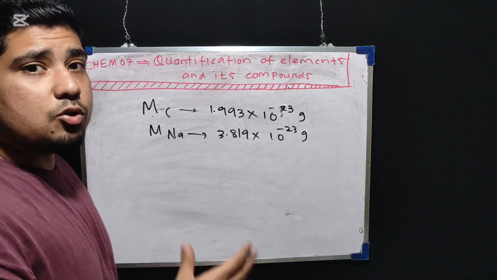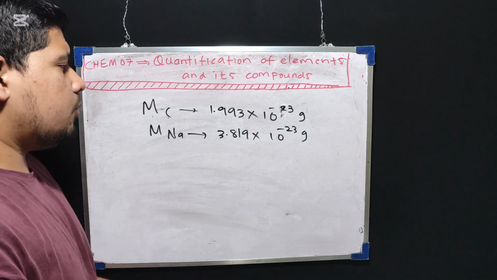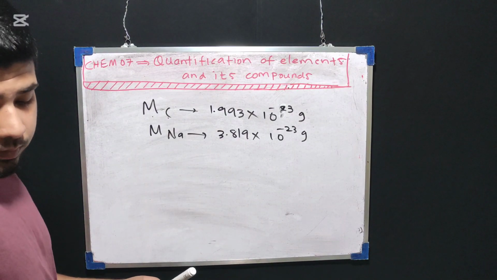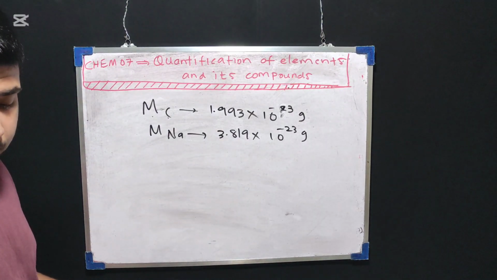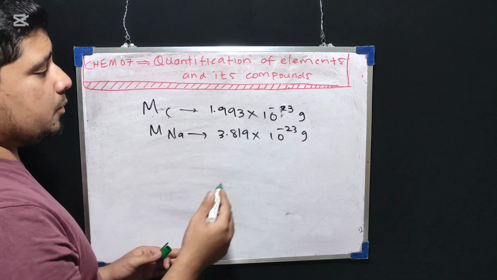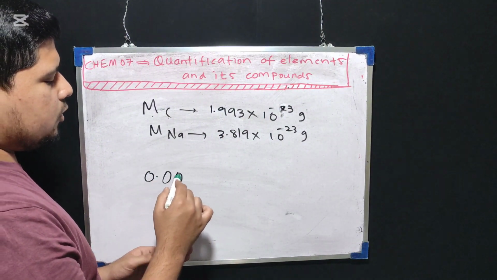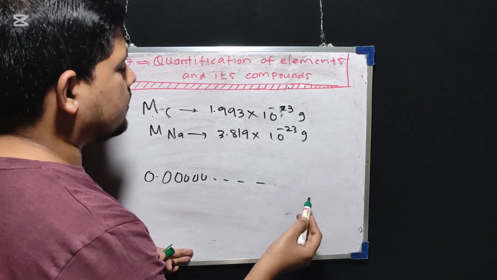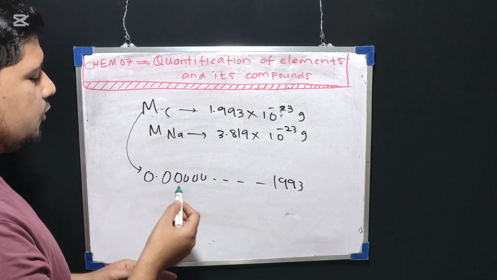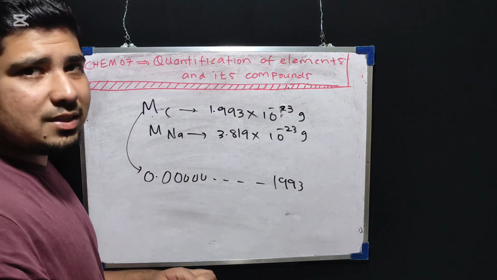Likewise, there will be so many decimal points. Now what is this? 1.99 into 10 to the power minus 23 means 0.0000, likewise it goes, and then 1993. You see how small it is?